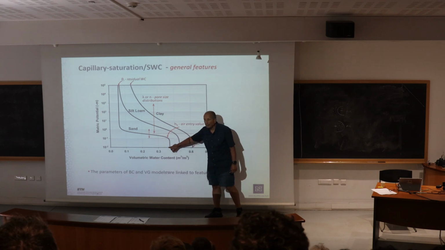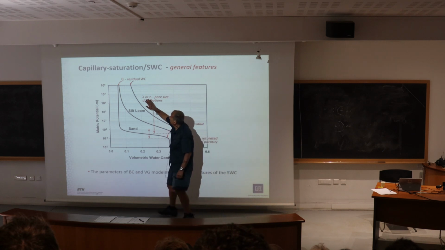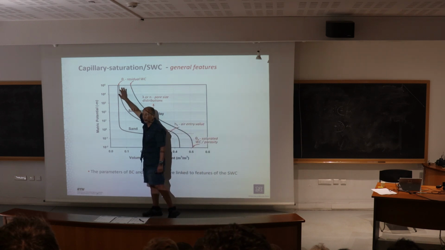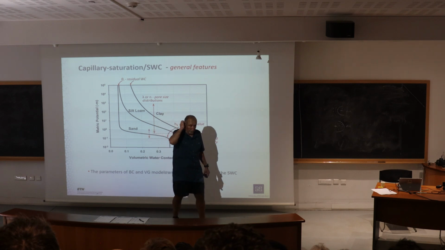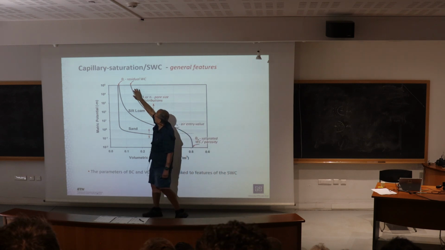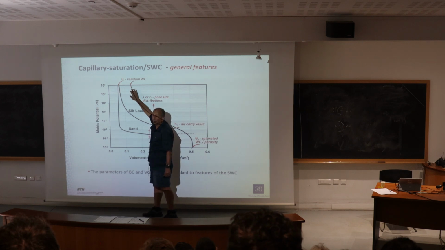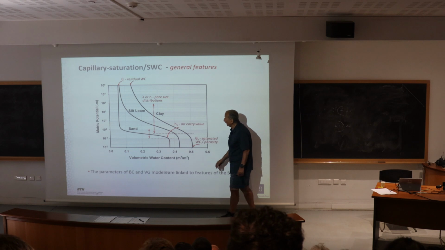So from these intercepts here, we calculate the saturated water content, or the porosity of the porous medium. From the amount of water held at the very dry end of the characteristic curve, we can estimate the surface area of these soils. So we can say clearly here, for the same water potential, we have much more water in the high surface area clay soil than we do in sand.